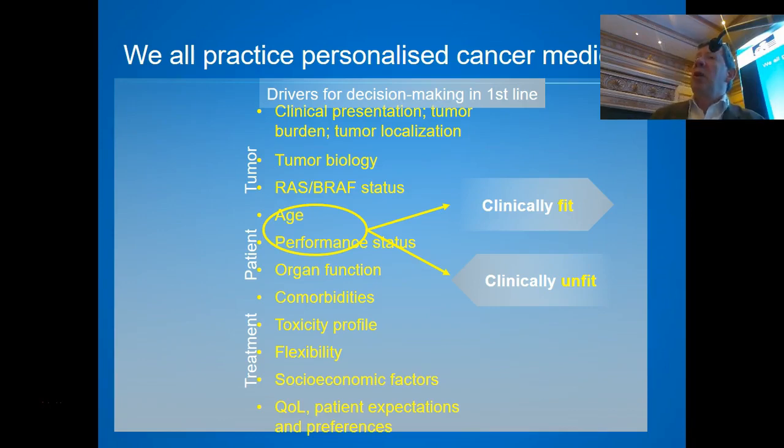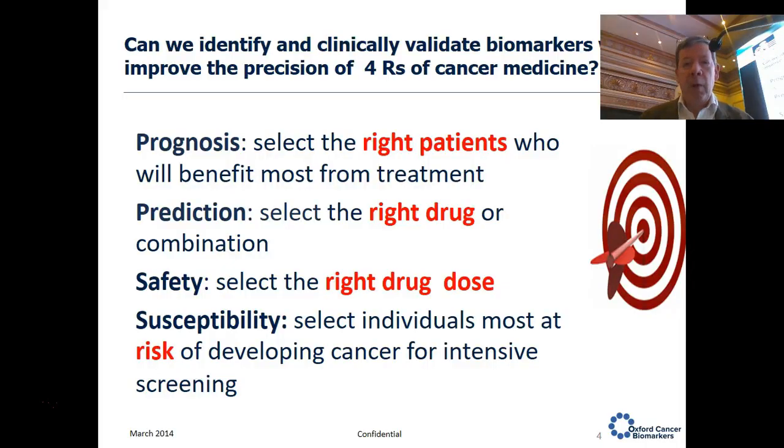So although we'll concentrate a little on the molecular biology of disease, isn't it true that as practicing physicians we're already looking at personalized medicine? We're grading the decisions that we make according to performance status, according to age, according to whether we think the patient will tolerate patterns of toxicity. So personalized medicine has been somewhat hijacked by the molecular geneticists, but this is a term I think that can apply to us all.